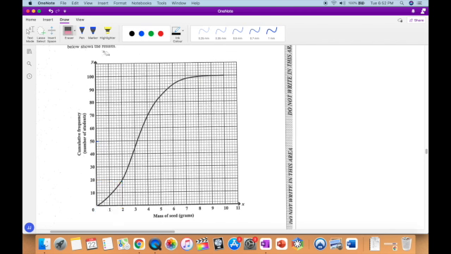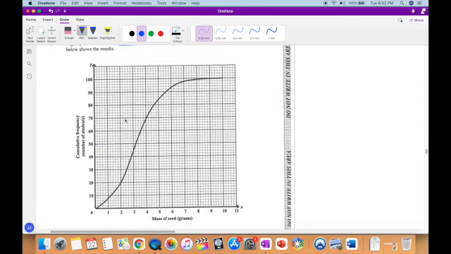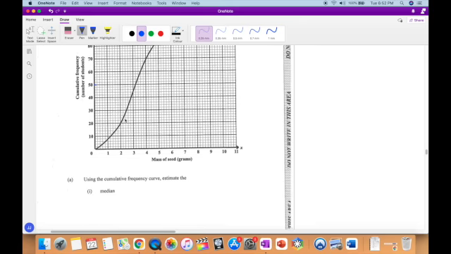I could see here that 50 students guessed that it was below 3.5 grams, right? So that is what the cumulative frequency curve gives us. Using the cumulative frequency curve, estimate the median.